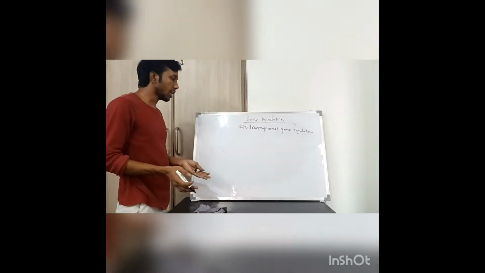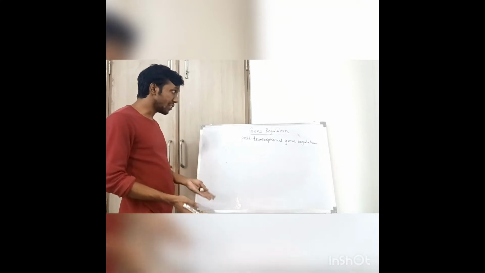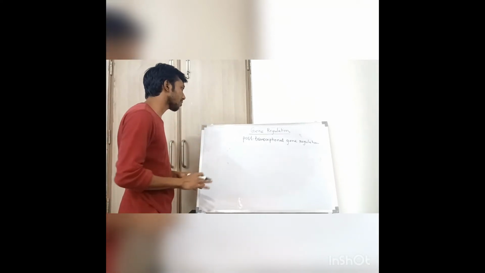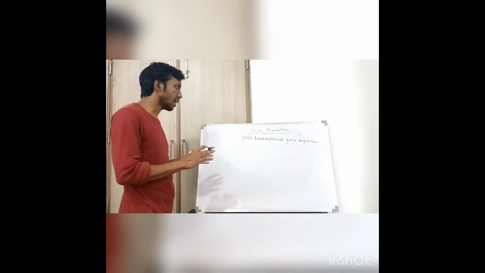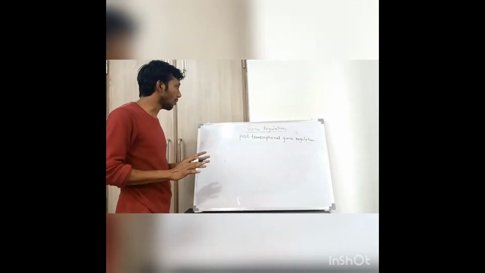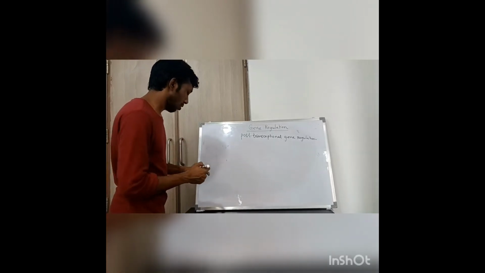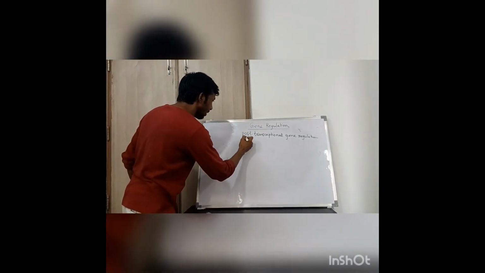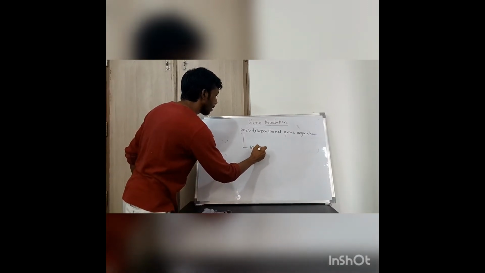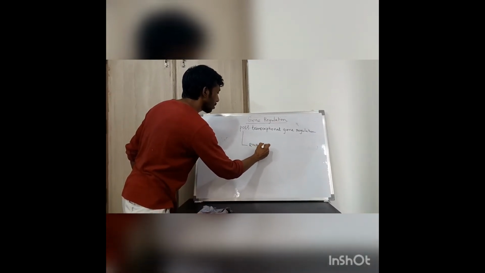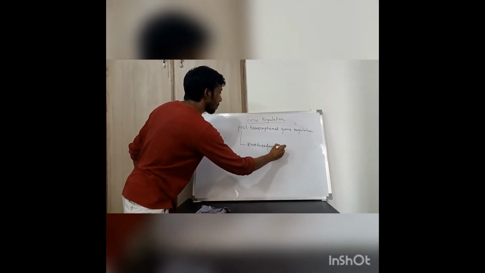There are different types of post-transcriptional gene regulation. We will only discuss the RNA mechanism through which there is control of gene expression in a post-transcriptional manner. So we will only discuss the RNA interference mechanism.